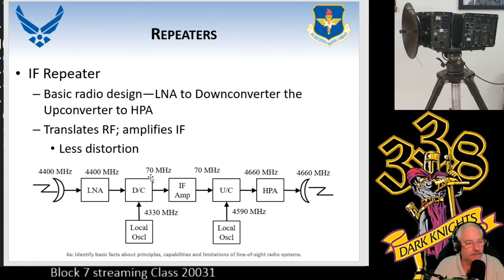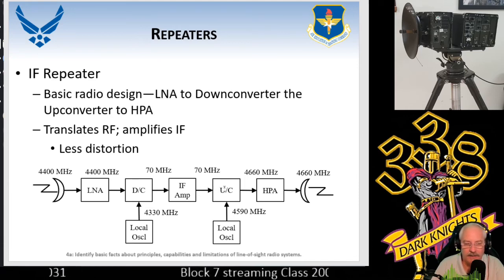Let's take a look. So you have 440 coming in, received, gets amplified, then gets down converted to 70 megahertz using an oscillator. Because we manipulated the signal, we're going to amplify it. Then we're going to take that 70 megahertz and convert IF to RF.